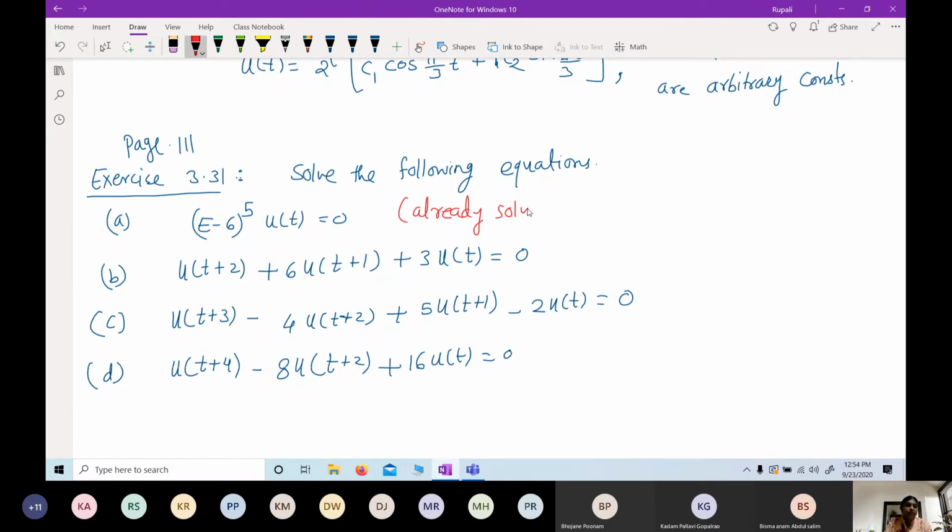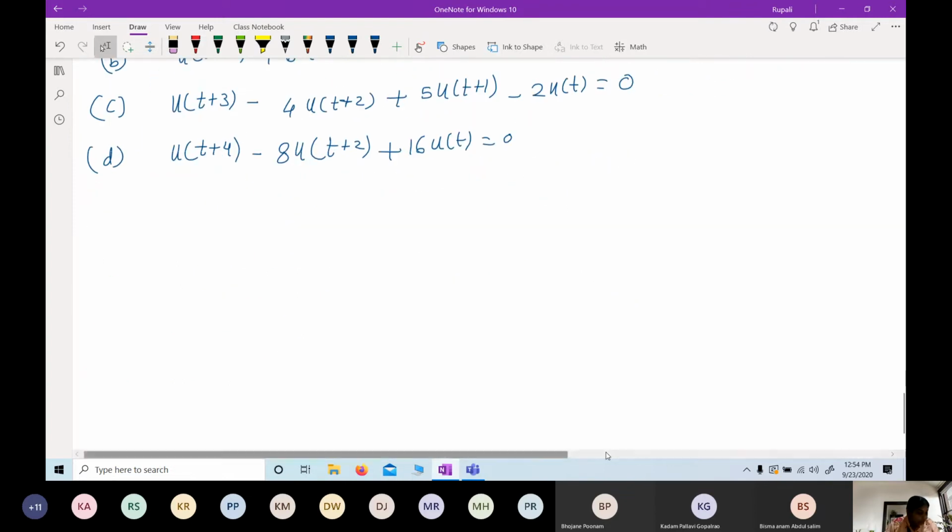Okay, so now which one do you want me to solve here? Again, exercise 3.32.